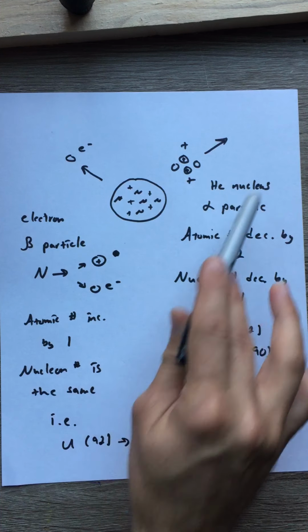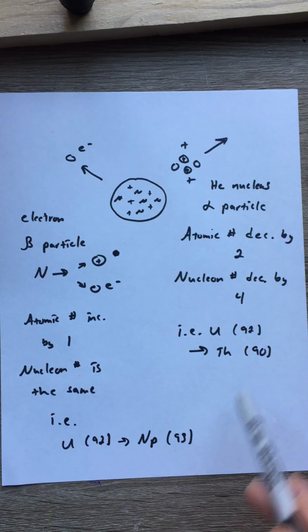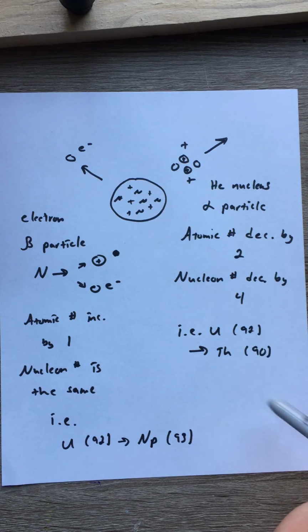What you do need to know are these processes, what they mean, and how the changes work between elements. An alpha decay process results in a decrease of atomic number by 2. A beta decay process results in an increase of atomic number by 1.